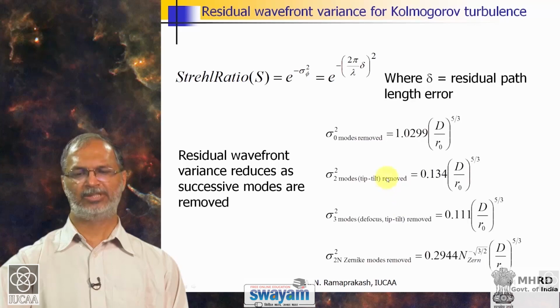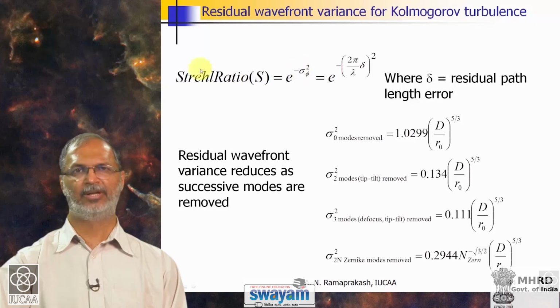But if you remove just the tip tilt, the overall tip and tilt, that image residual aberration immediately reduces to 0.134 instead of 1 here. And similarly, as you remove higher and higher order aberrations, you end up getting smaller and smaller residual aberrations, and when you plug in that smaller residual aberration in this power here, you get better and better Strehl ratios.